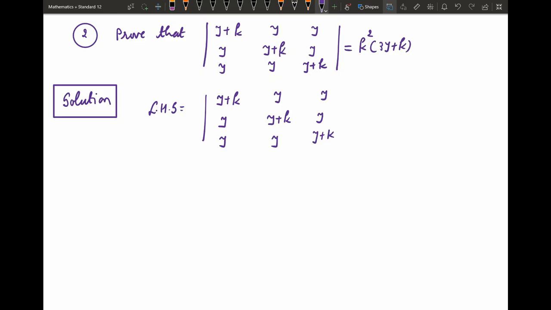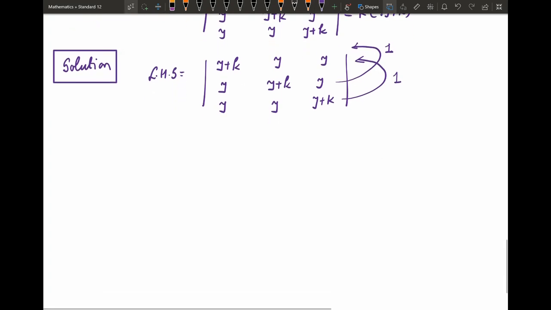Now you observe the entries of the determinant. If we multiply the second and third row by 1, adding the corresponding entries of the first row, so if we perform R1 to R1 plus R2 plus R3, then the entries of the first row will be 3y plus k, 3y plus k, 3y plus k.